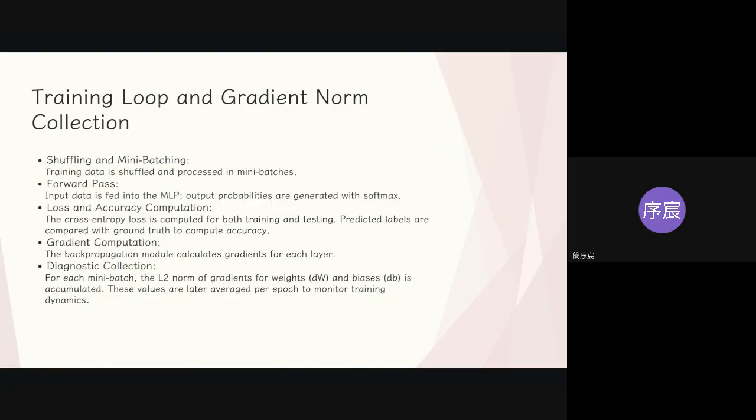The MLP processes each mini-batch to produce predictions, and the cross entropy loss is computed, and accuracy is measured by comparing predictions with ground truth, and the backpropagation calculates gradients for each layer.